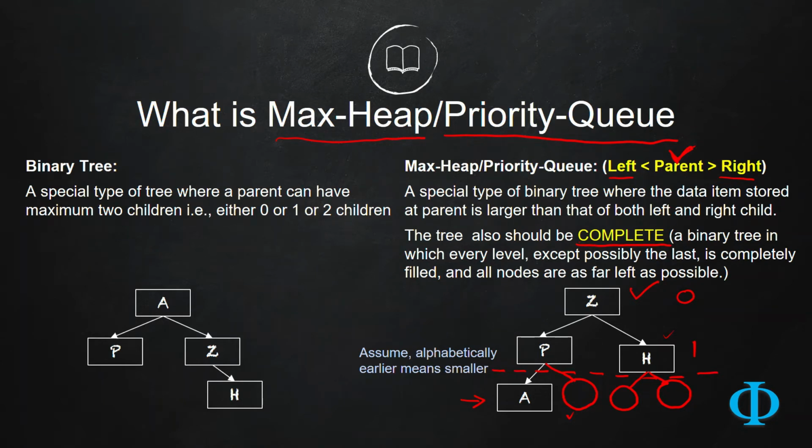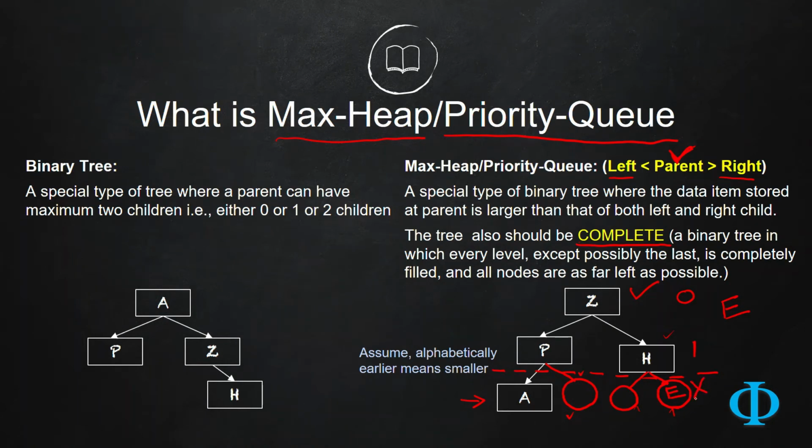Now to make this binary tree complete, you cannot have a situation where this empty place remains empty but you put data in either of these two children. For example, let's say I want to insert an alphabet E in this binary tree. Now in order to make it complete, you cannot put E in here.